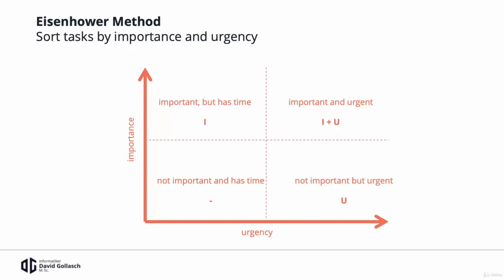But anyway, there are also, most of the time, tasks where you would say, well, they are very important, but the deadline is not so near. These are often those goals referring to your life goals.